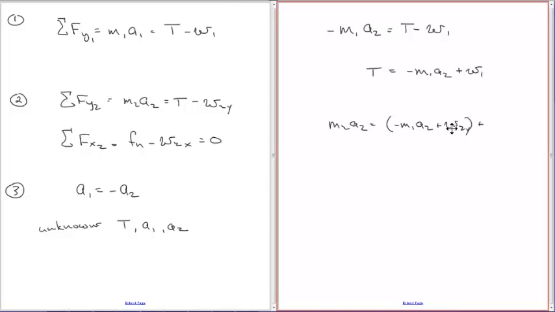Let's fix that. Okay, let's try it again. The tension is going to be substituted in there, which is minus M1 A2 plus W1, and then minus W2 sub Y. So I'm going to solve for A2. So we add this to both sides.